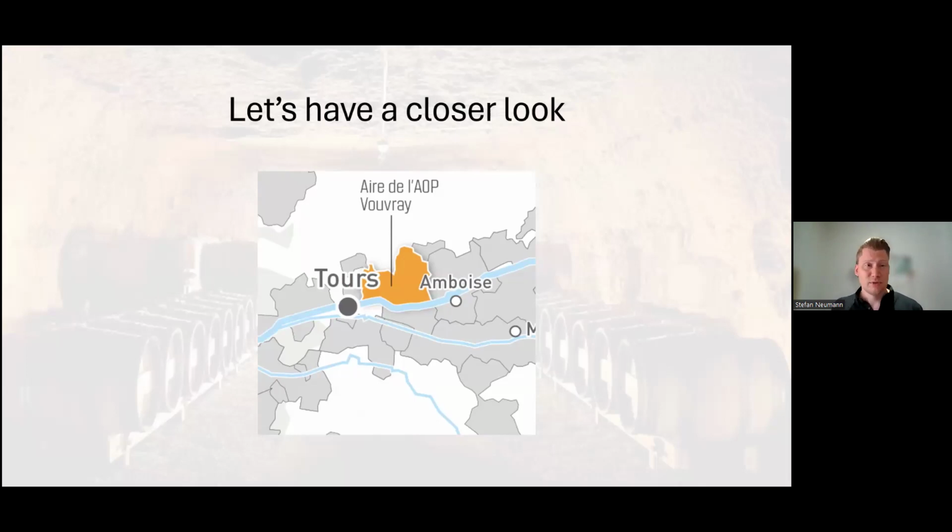You can see on the other side the town written Amboise. Amboise is quite a famous town in the area of Touraine, so Touraine, Amboise is something you see quite frequently. In this area there's a lot of Chenin Blanc planted, but there's quite a bit of Cabernet Franc as well in other appellations. Vouvray is unique in that sense. It's pretty much based on one variety, which is Chenin Blanc.